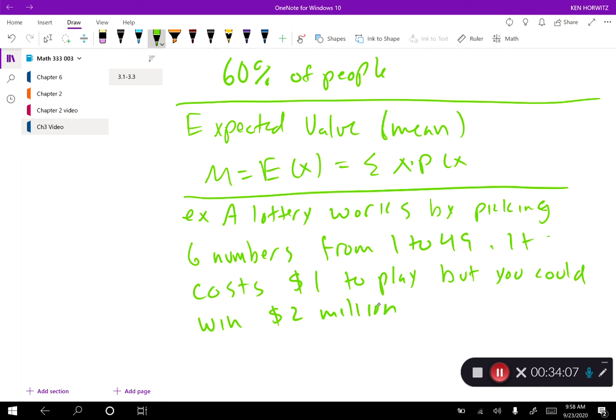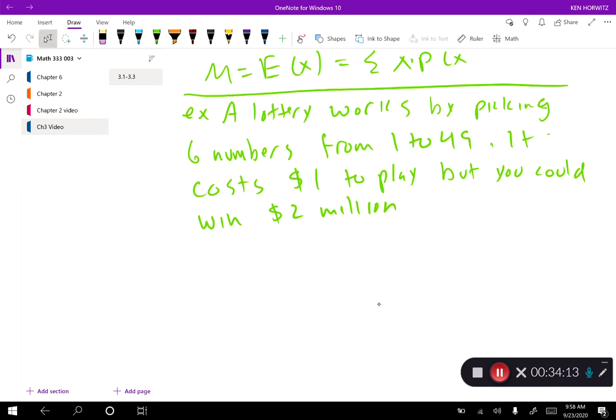All right, so the question is, what is my expected value from playing the lottery? Well, if I just play once, I could either lose $1 by losing the lottery, or I could win $2 million.